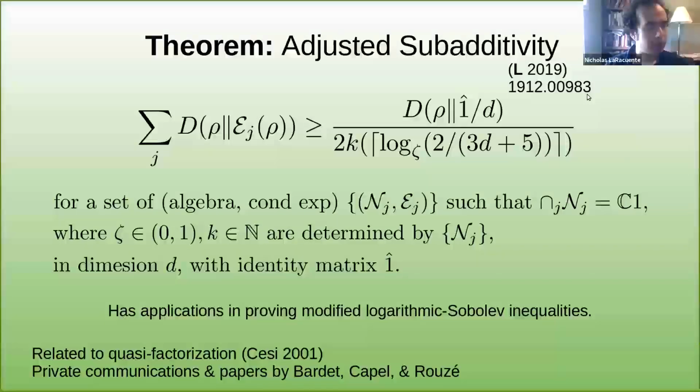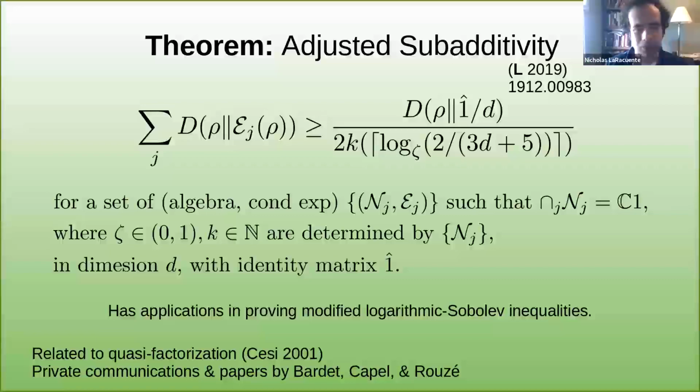Now, this involves a couple of constants, and one of them is a dimension. An ongoing effort is to try to replace that dimension constant by a constant in terms of the subalgebra index, and hopefully show that the intersection need not be trivial. However, for now we have this one, and it has some applications in proving modified logarithmic Sobolev inequalities.